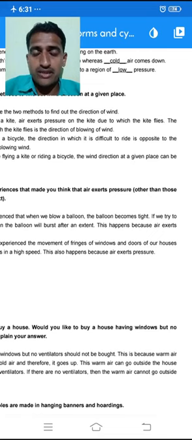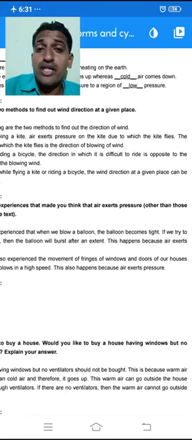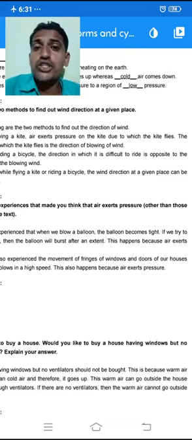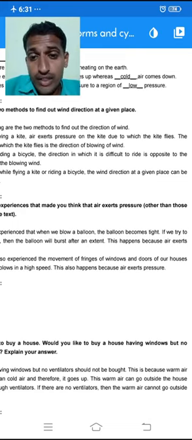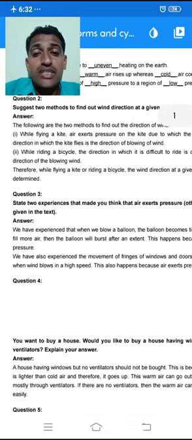Sometimes the wind is blowing from your back and pushes you forward, so it becomes much easier to move at speed. But sometimes you feel it is very difficult to ride the bicycle, because the wind is blowing in the opposite direction.